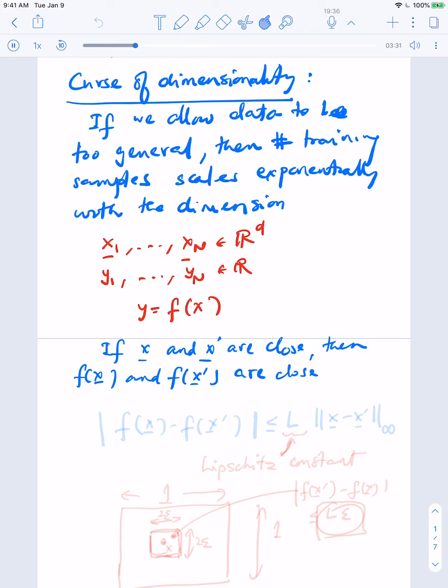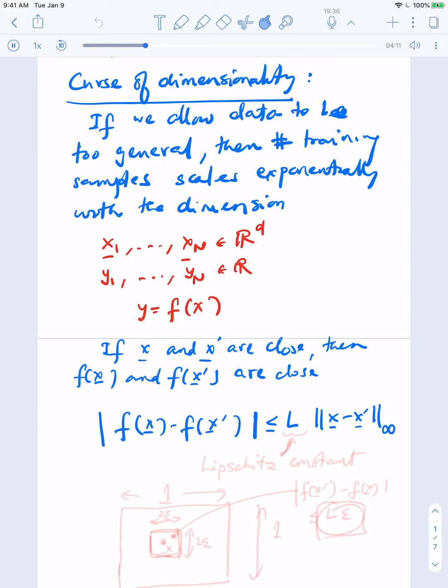And one way to guarantee it is, for example, via some sort of Lipschitz condition, which says that the magnitude of the difference between f(x) and f(x prime) is less than or equal to some constant L times some norm difference between x and x prime, right? And this norm can be a 2 norm or an infinity norm. For simplicity of argument, for now, I'm going to put it as the infinity norm.